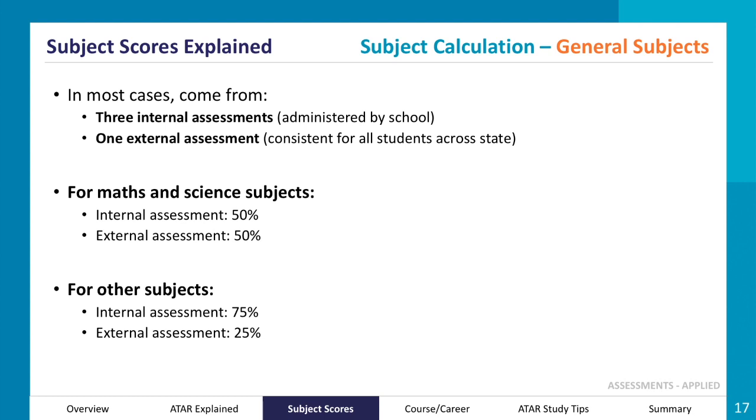So it's pretty considerable. For other subjects, there's a bit of a different split. Internal assessments are 75%, and that external assessment is 25%. That will be for your Englishes, humanities, creative arts, things like that. So that's general subjects. Again, heavier weighting on the exams for math and science.